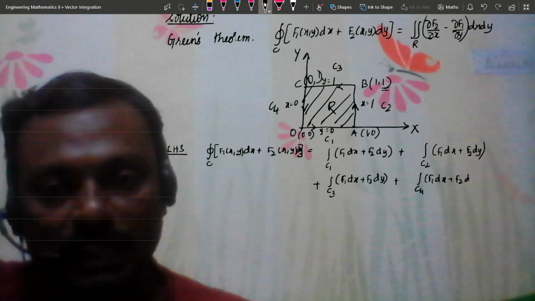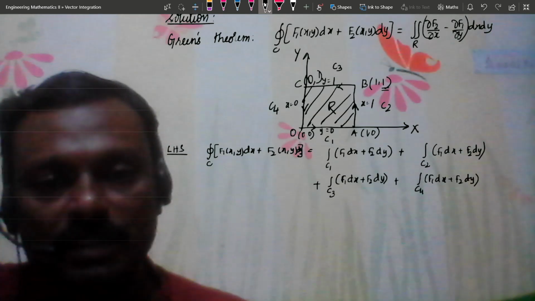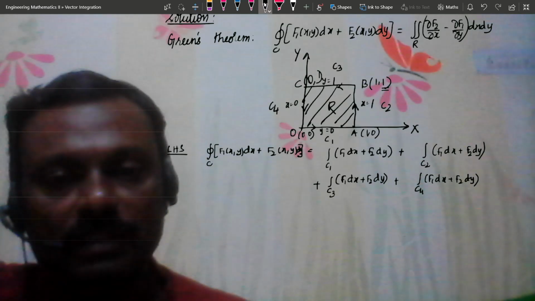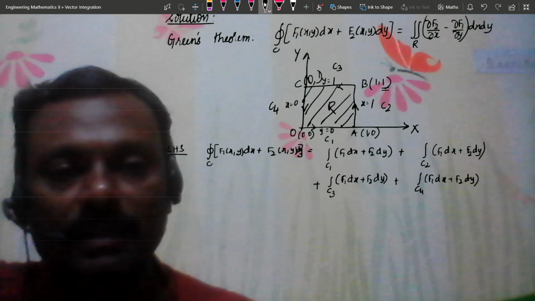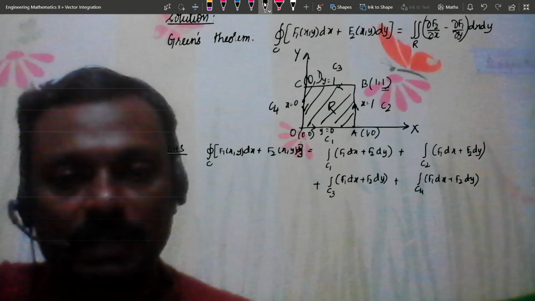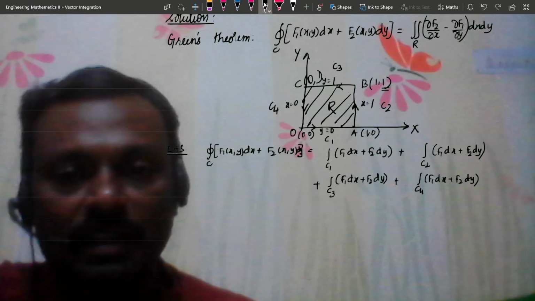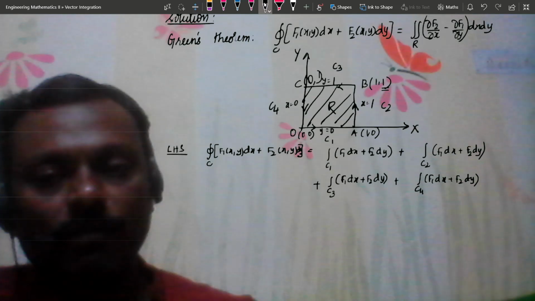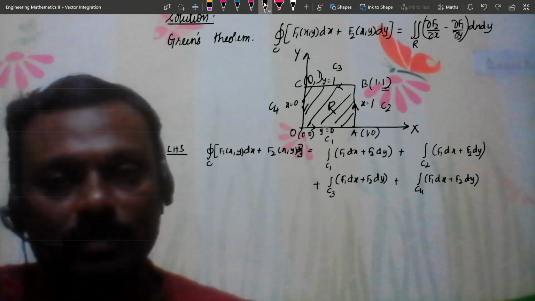Therefore, the left hand side integral is going to be the sum of 4 integrals: integral along C1 of f1 dx plus f2 dy, plus integral along C2, plus integral along C3, plus integral along C4.